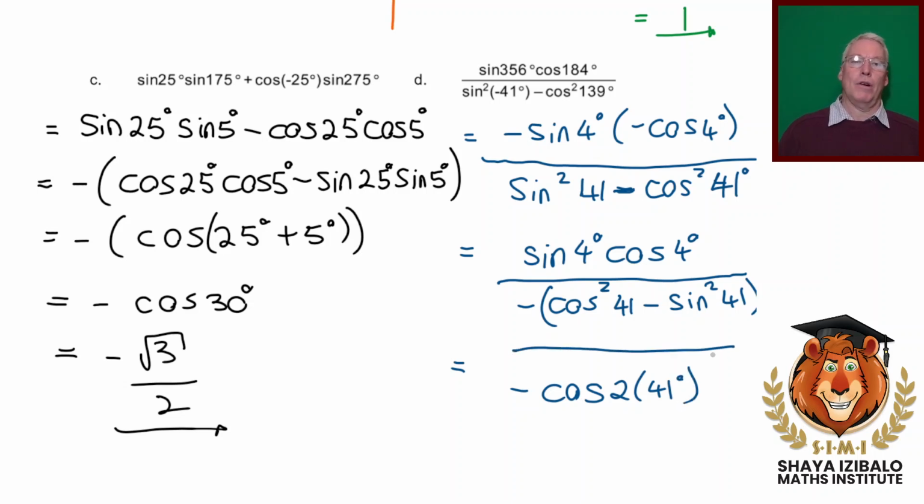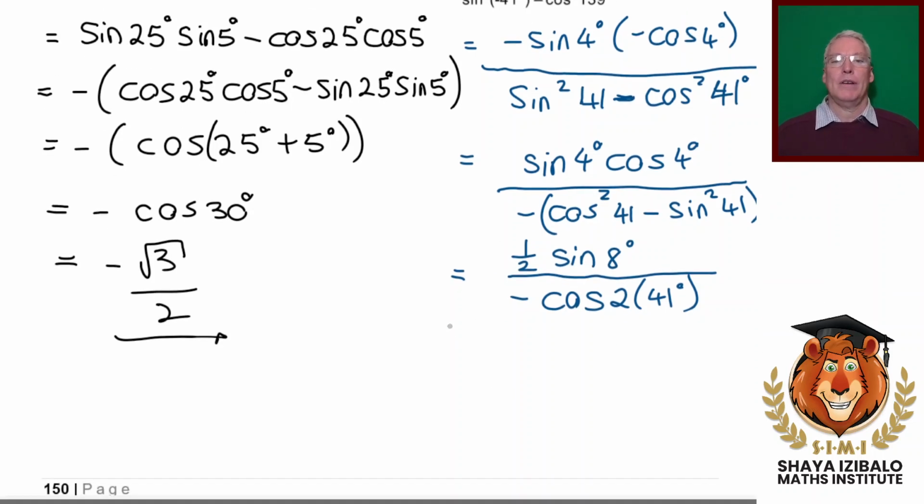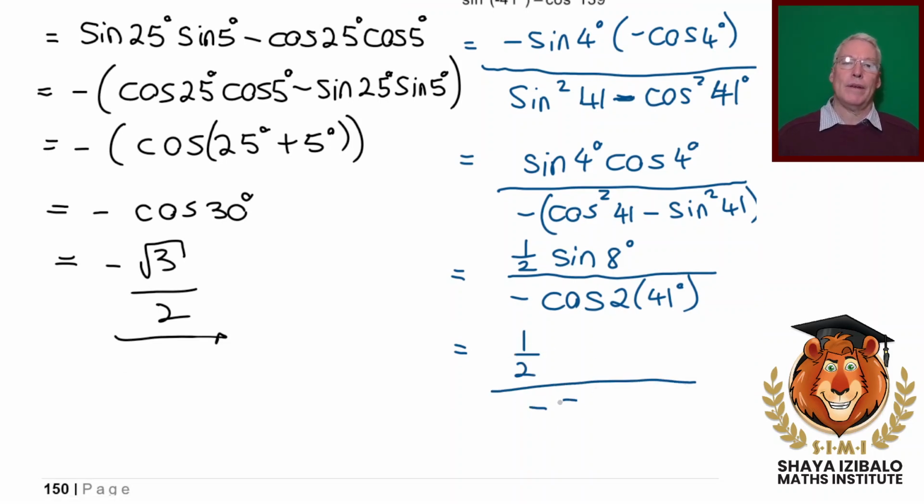And on the top we've got, this looks like half of sine of 8 degrees. Because remember, sine of 8 would be sine of 2 lots of 4, be 2 sine 4 cos 4, but we haven't got the 2, so it's half sine 8 degrees. On the bottom, we've now got negative cos 82.